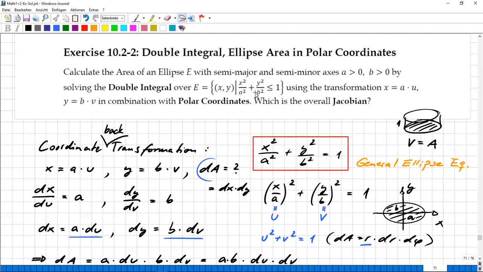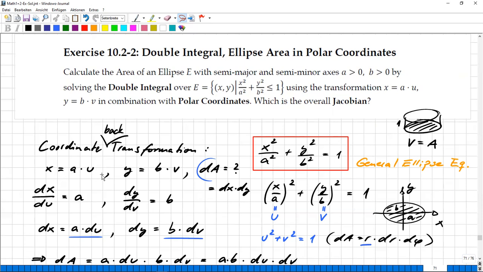You will see. So what I give you here is, honestly speaking, the coordinate transformation, yes, but more precisely, it's the coordinate back transformation. Why am I saying so? Well, look here. You have two equations which tell you how to get your old coordinates using the new ones, right?